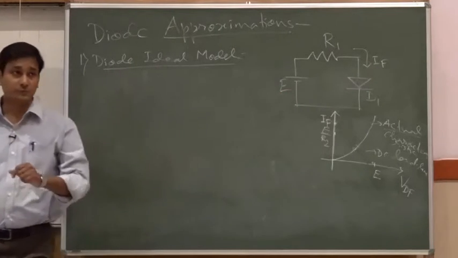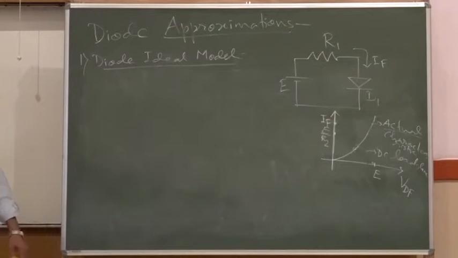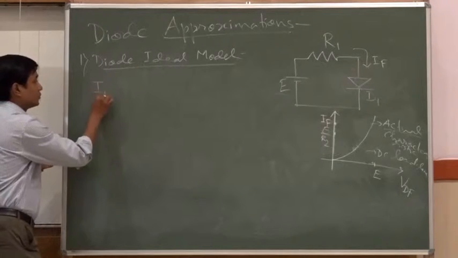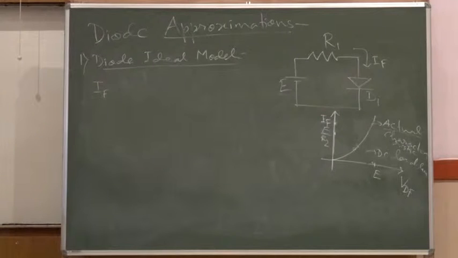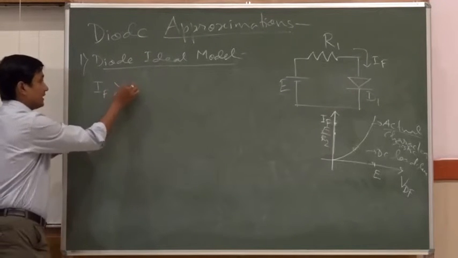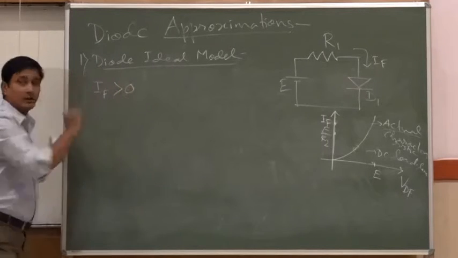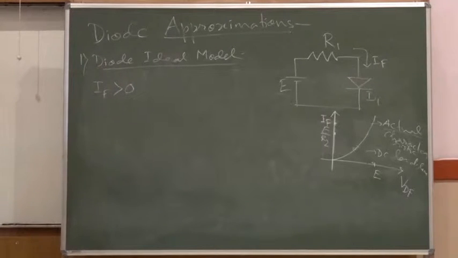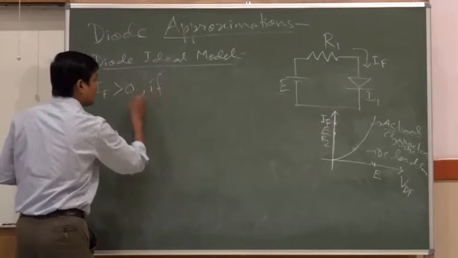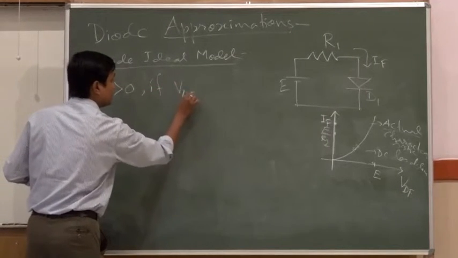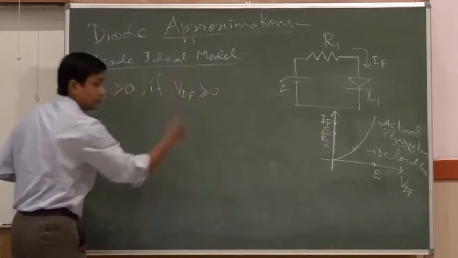Okay. So, mathematically, if I represent the current flowing through the diode, IF, it is non-zero, or if I say IF needs to be greater than 0, in that case I have to make VDF greater than or equal to 0.